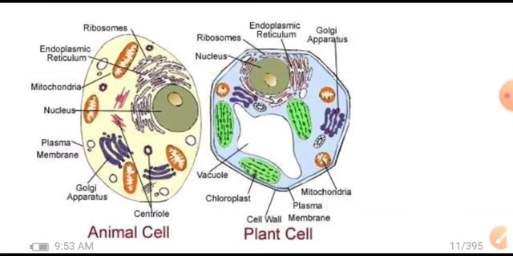The reason is that the plant cell has a cell wall, which is very hard and is contributed to by different layers. Whereas the animal cell does not have a cell wall, that's why it bursts when it is full of water.